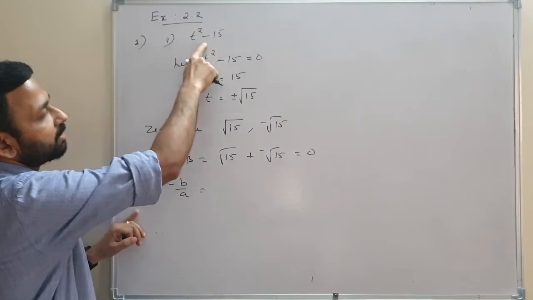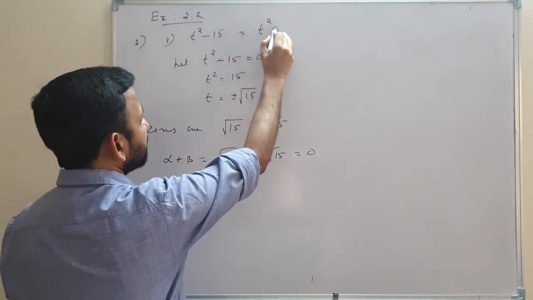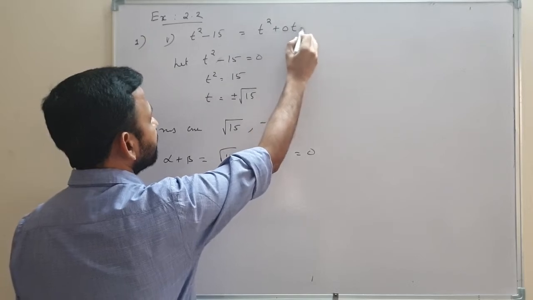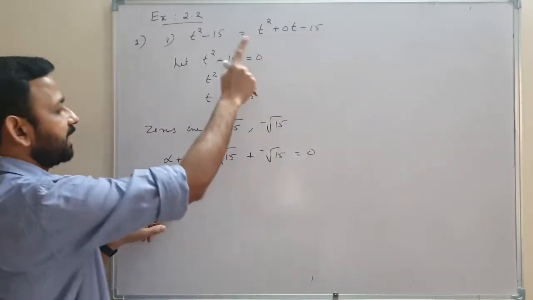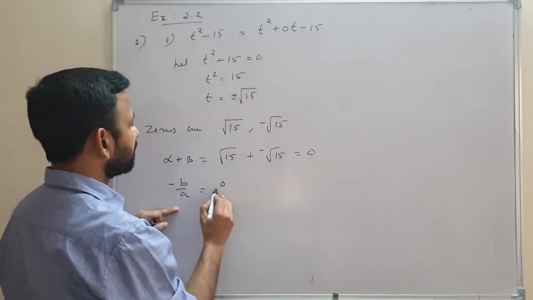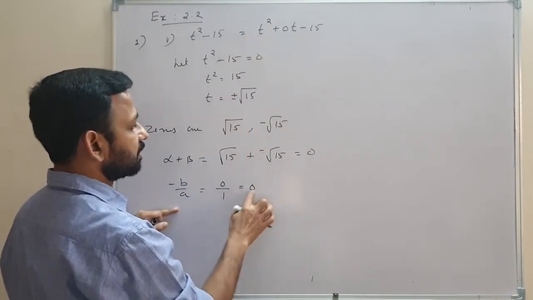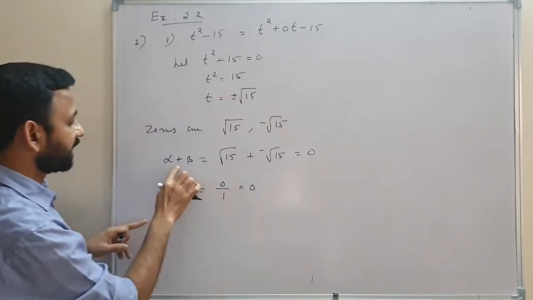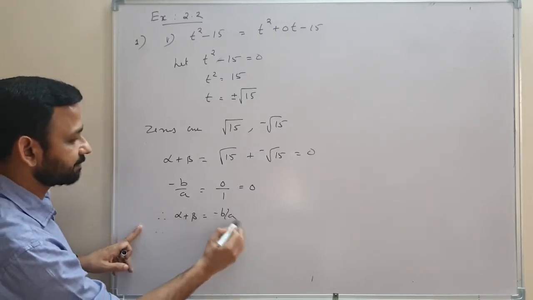So here we don't have a term in t. When we write in standard form, this is t square plus 0 into t minus 15. So minus b by a, minus coefficient of t upon coefficient of t square, 0 upon 1, that is 0. Both of them are equal. Therefore alpha plus beta is minus b by a.